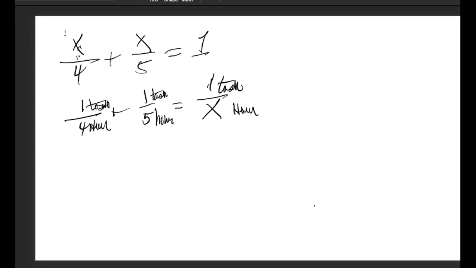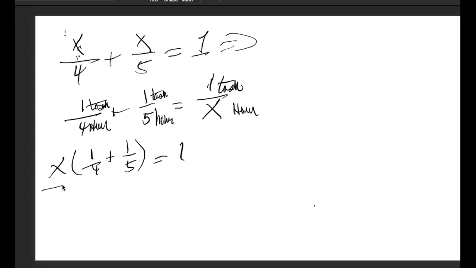Okay. If you take this problem here and you factor out X, you get 1 over 4 plus 1 over 5 is equal to 1. Is equal to 1.